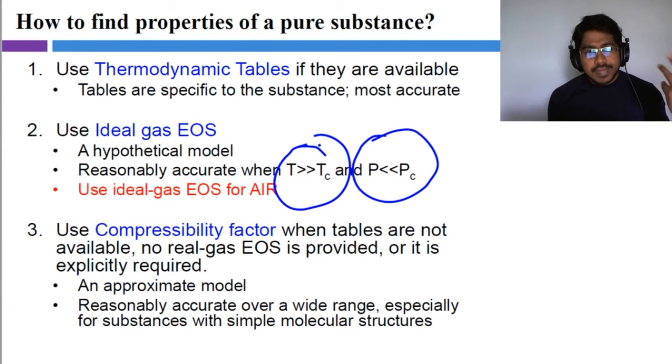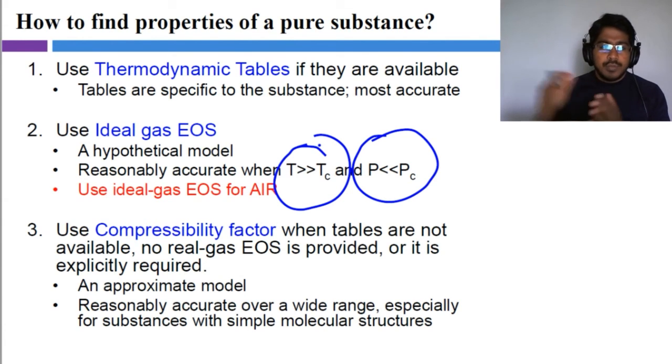If our temperature is significantly higher than critical temperature, then we can possibly justify the usage of ideal gas equation for such a vapor or such a gas, right? And if our pressure is really low compared to critical pressure and our substance is away from the saturated vapor line, then we can use this assumption, right?